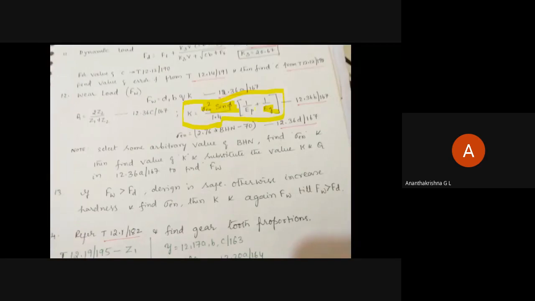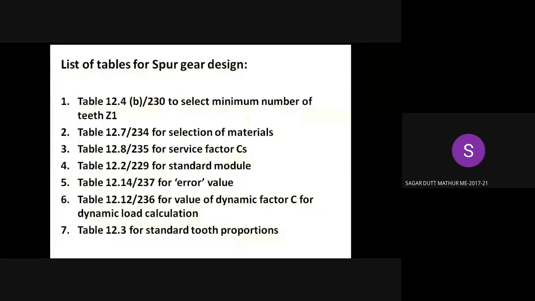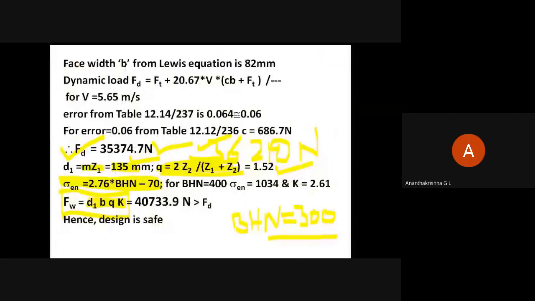Are you all there? Get me the value of K for BHN equal to 300. So 1.403. So the value of K will be 1.403.